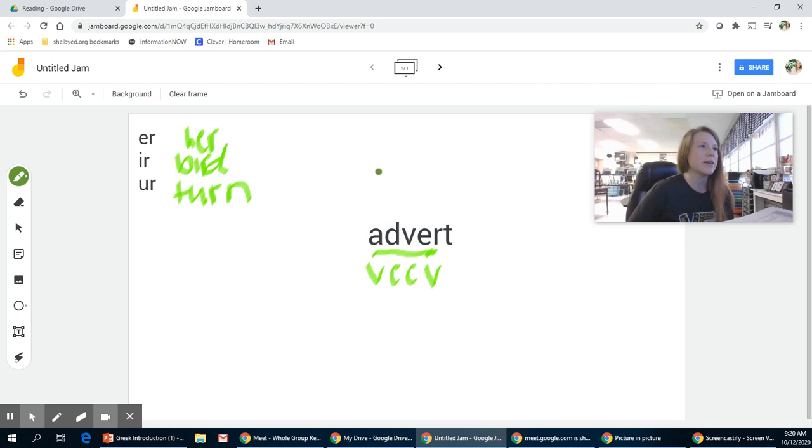So we have V, C, C, V. Split between the consonants. This first syllable type is closed because there's a consonant to the right. It doesn't matter if there's not a letter right here. It matters if it's to the right. And then the syllable type over here is bossy R because we have ER, vowel R. So we label it BR.